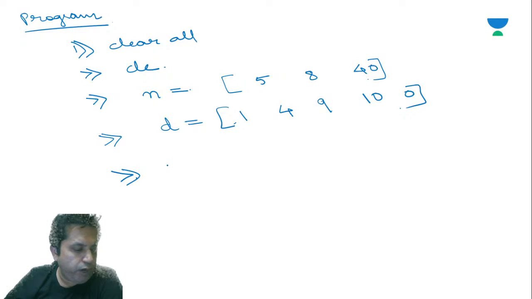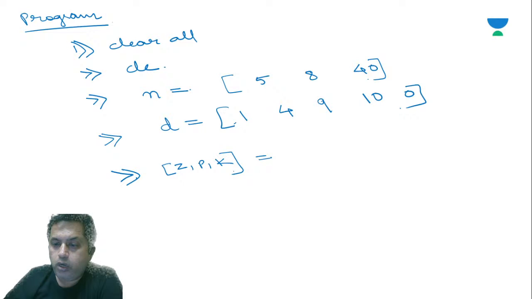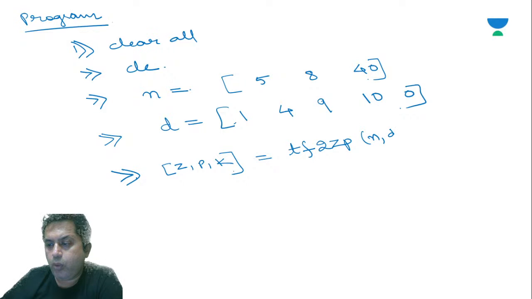What you need to find out? Poles and zeros. So [z, p, k] = tf2zp(n, d), since the transfer function is given.